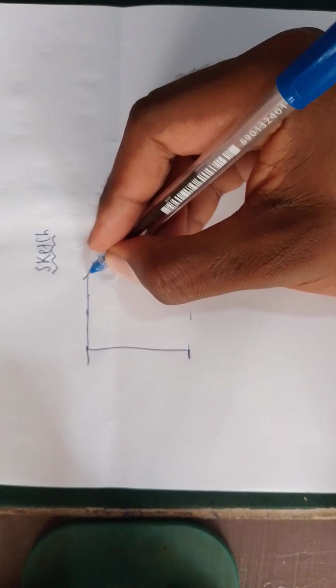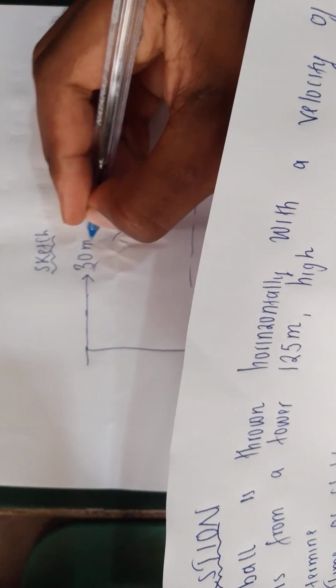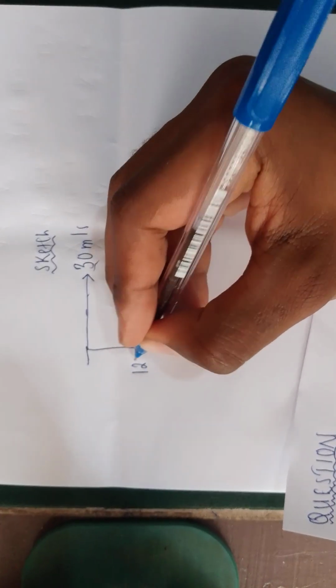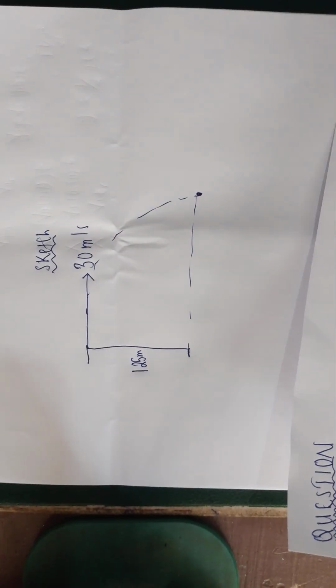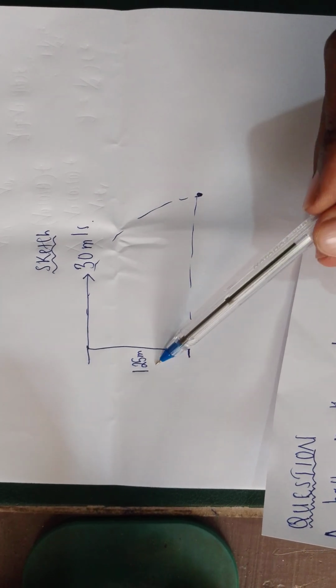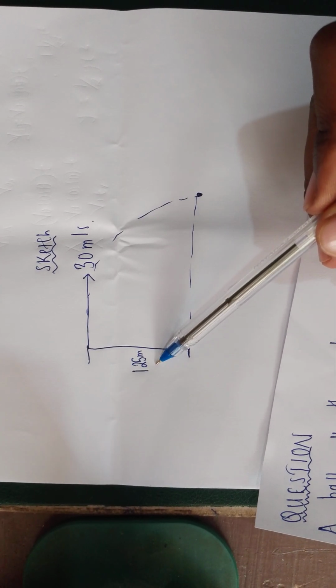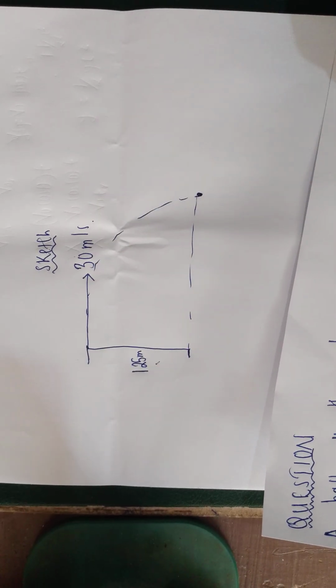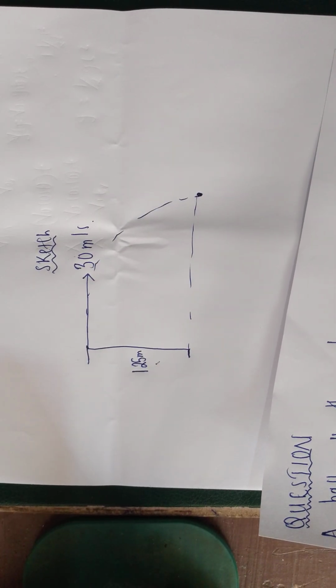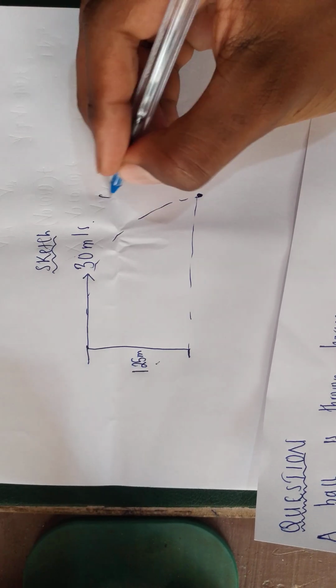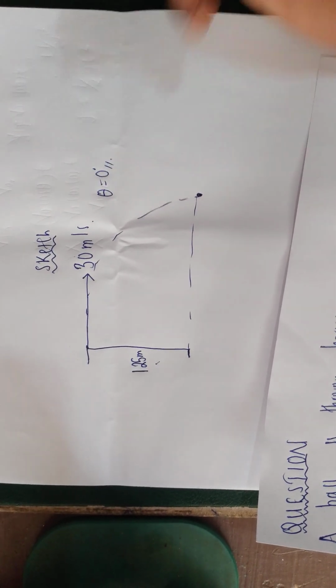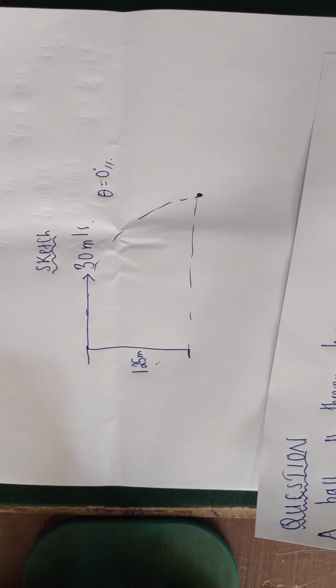So it is projected horizontally, and the velocity was 30 meters per second. What else have you been told? From a tower which is 125 meters high. So this was the initial velocity, and this was the height of the tower, which is 125. From the sketch here, I'm able to say I'm looking at horizontal projectile motion, and the theta in this case is going to be 0 degrees.